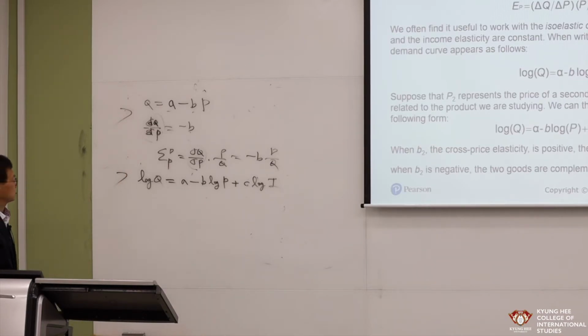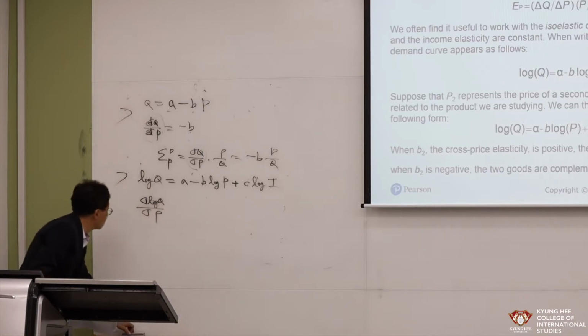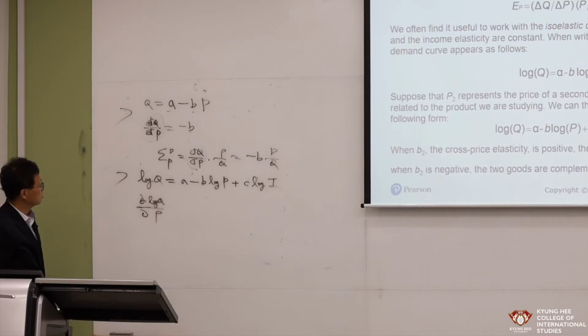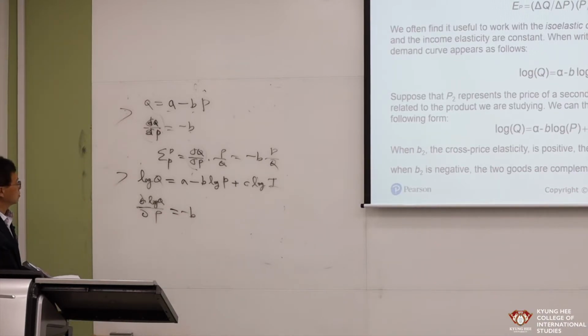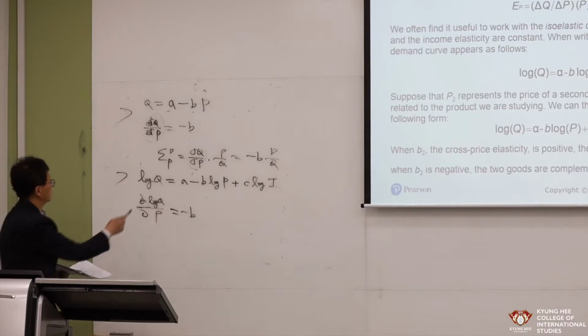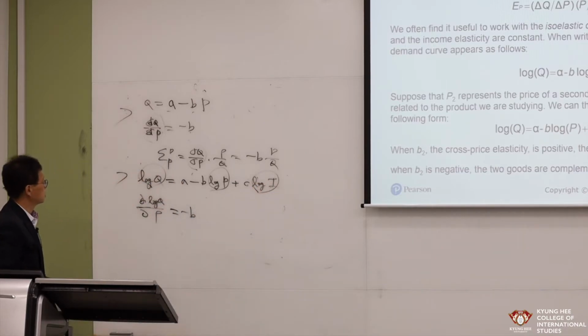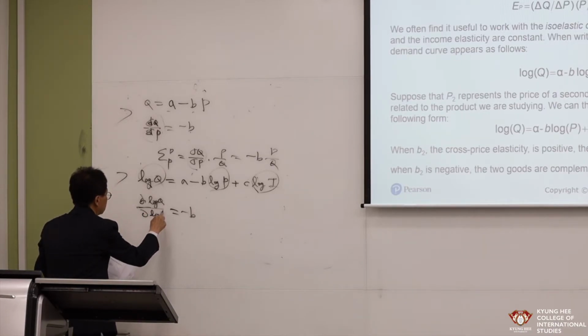Why do we use logarithm instead of this? It's very simple, right? Think about changing log Q and changing price. The partial derivative of log Q with respect to log price is simply minus B, right? That is the Y variable, that is the X variable, that is the Z variable, for example. Then we know this. Why do we use log price?